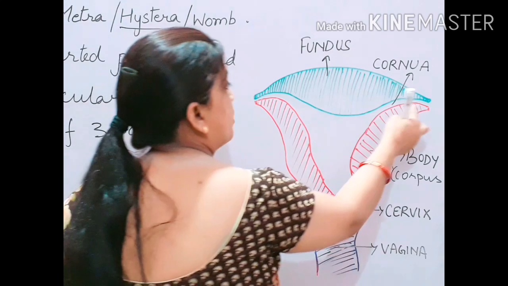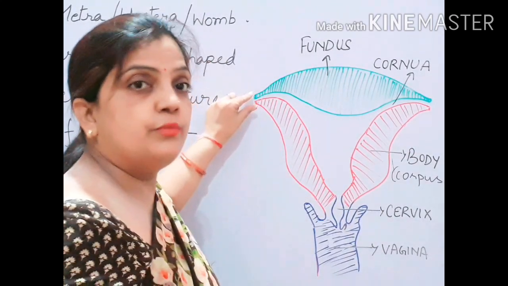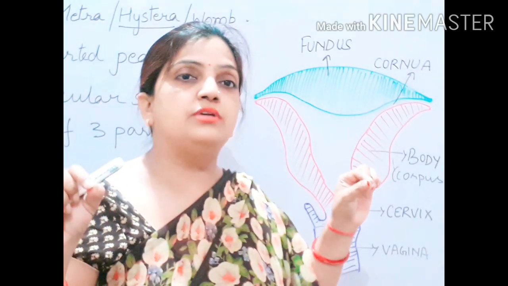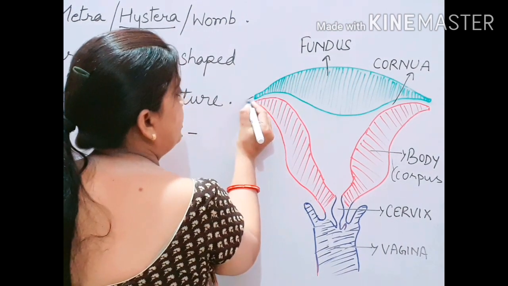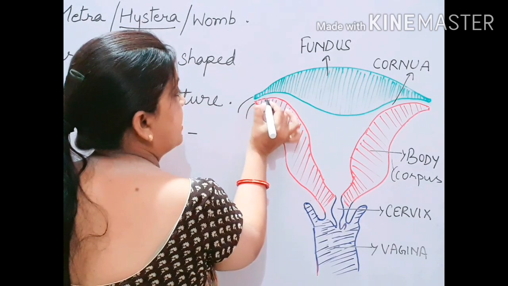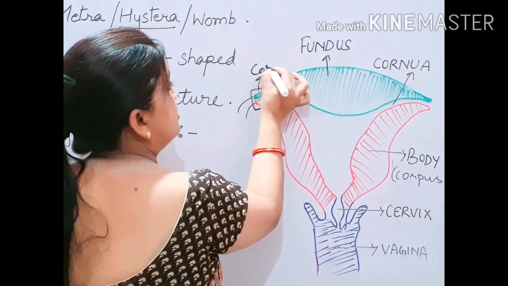So this is a corner, where these two corners of the uterus open into the fallopian tube. From here your fallopian tubes will be there. These fallopian tubes are opening in this section, and this section is called cornua.